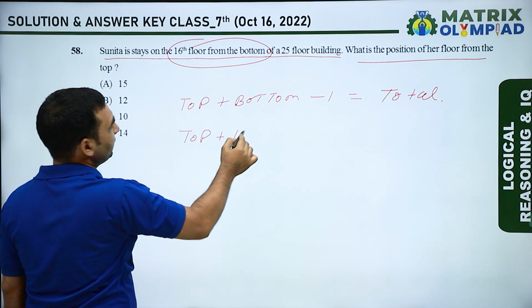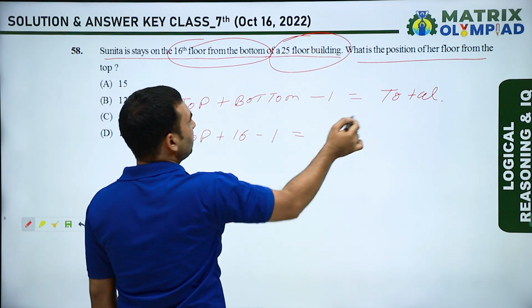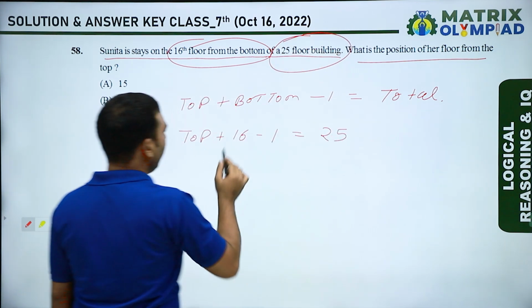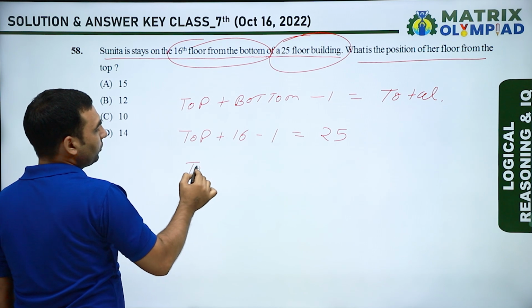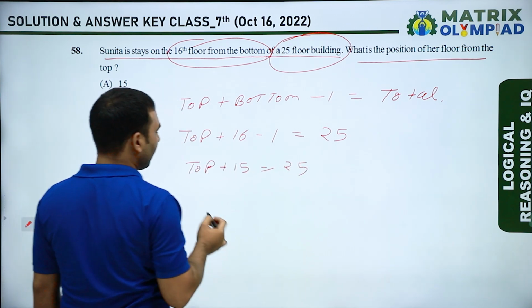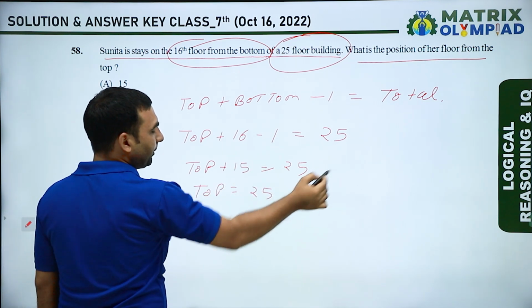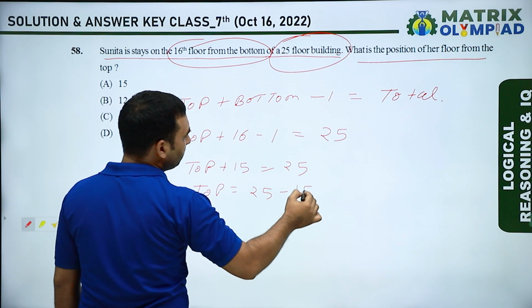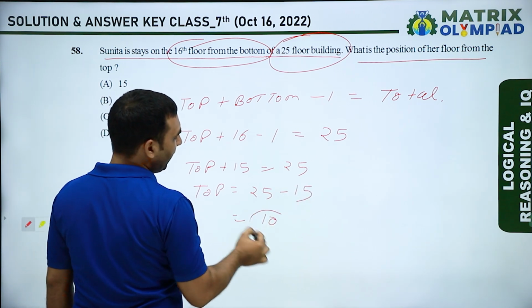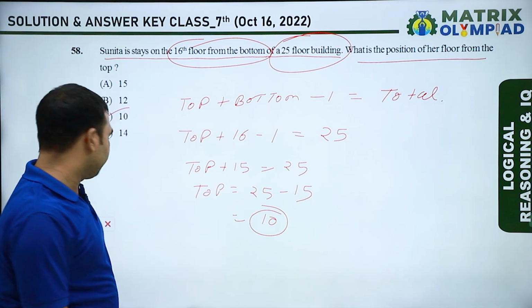Top plus 16 minus 1 is equal to the total floors, 25. 16 minus 1, top plus 15 equals 25. If we find top, then 25 minus 15 is equal to 10. Our answer is the 10th floor. Option C is the correct answer.